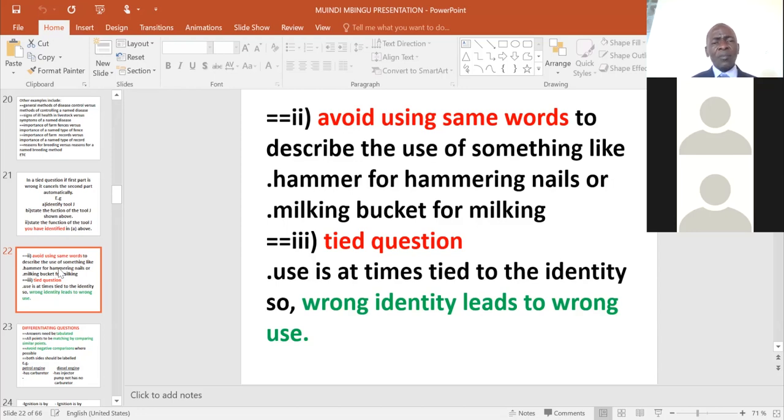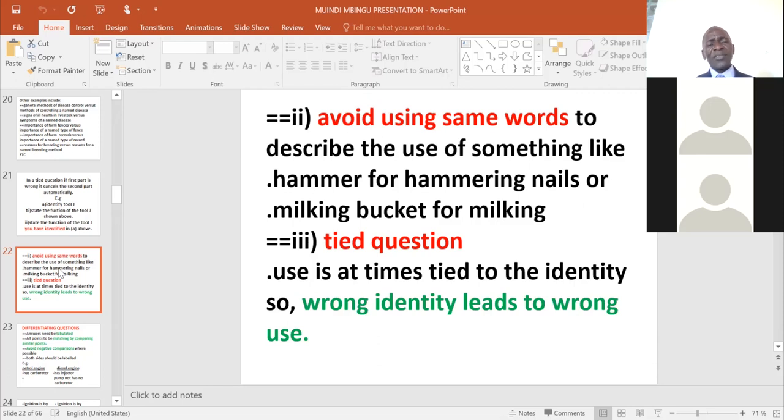Now, a milking bucket is not for milking, but it is used during milking. It is used to hold milk during milking.